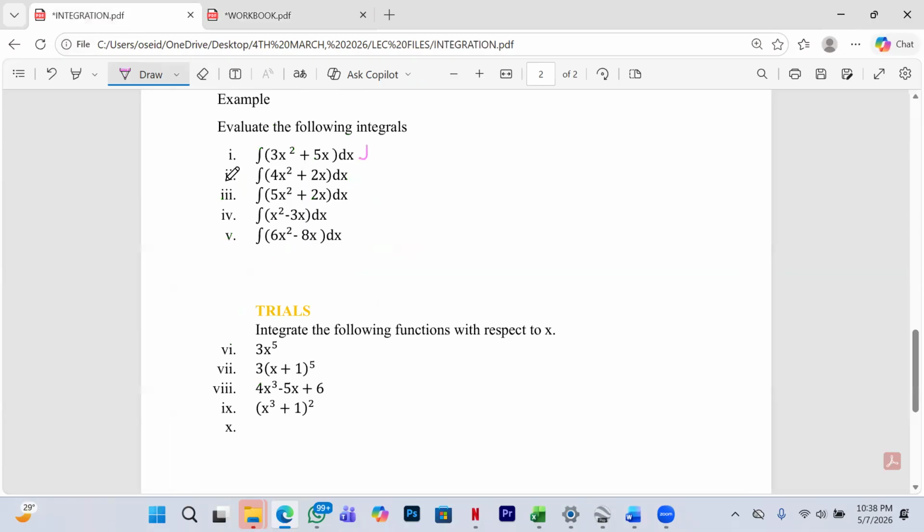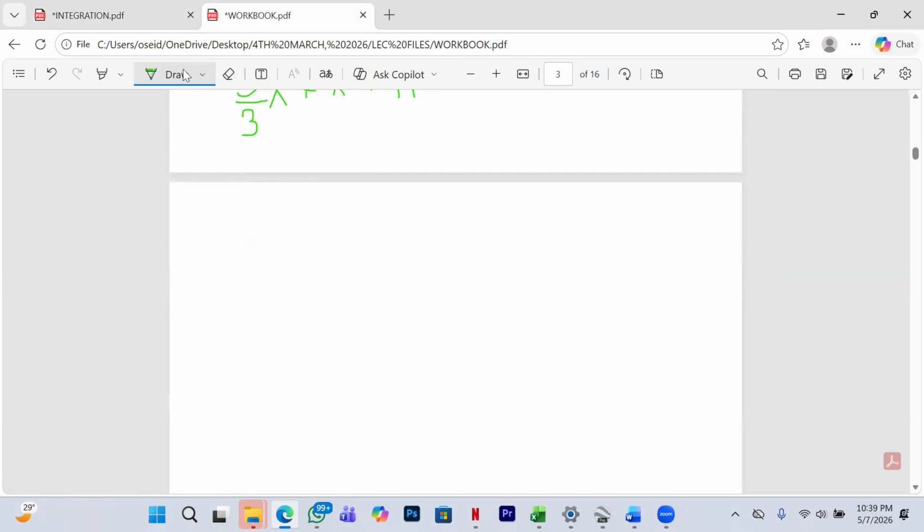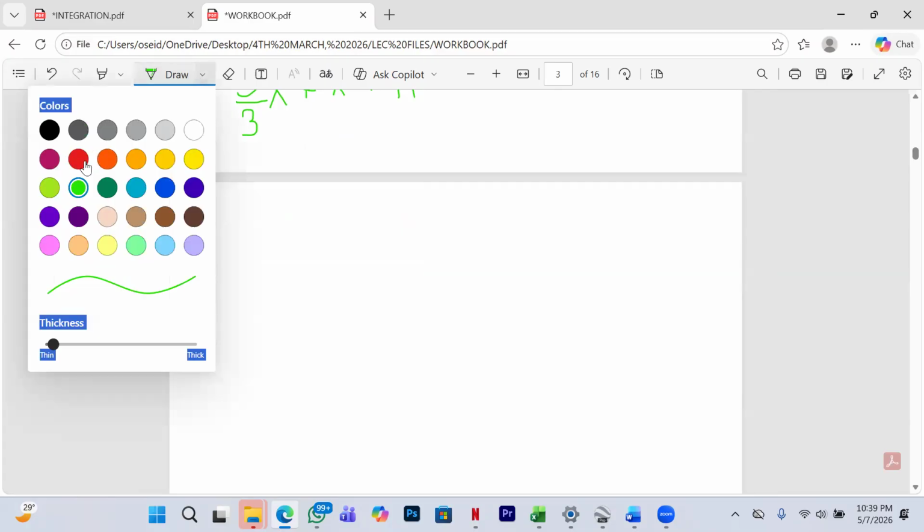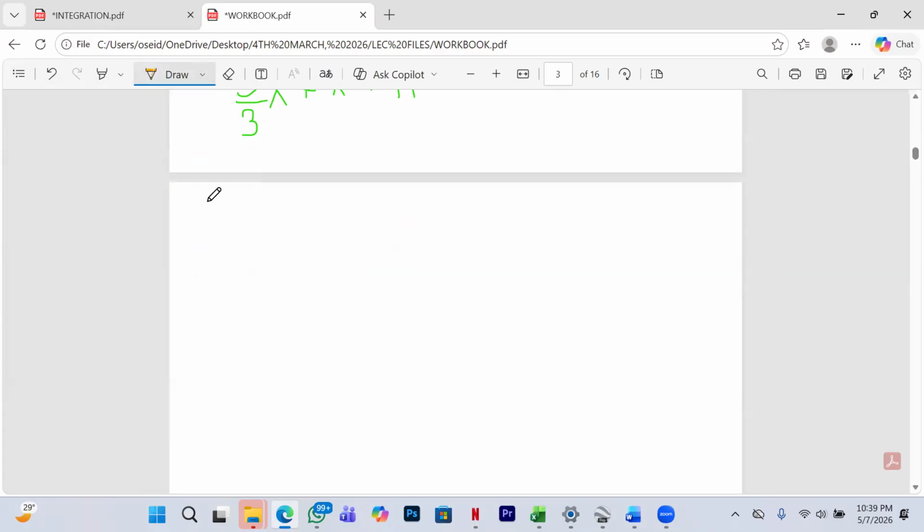Okay. So let's move on to the next question. The next question says the integral of x cubed minus 3x dx.